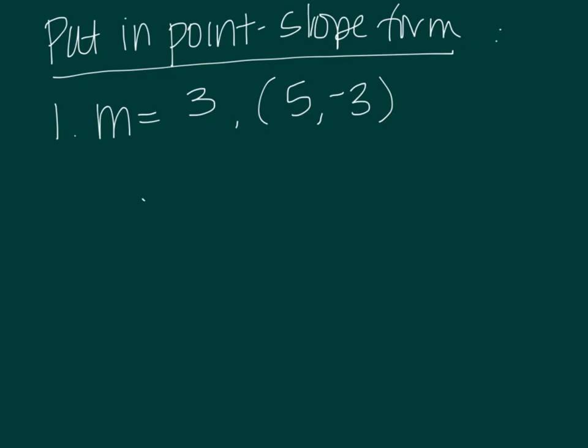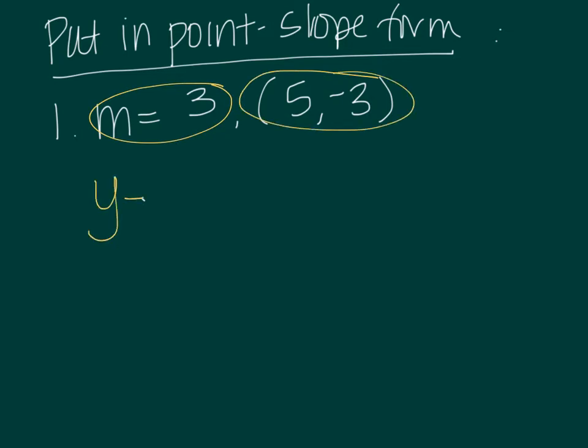So let's start by putting this into point slope form. If I give you your m, or your slope, of 3, and your point of 5, comma, negative 3, all we're going to do is take that equation and plug in these three things. So I'm going to do y minus, now remember this is x1, comma, y1, so y minus negative 3 equals, now I'm going to put my slope in, which is 3, times the quantity of x minus 5.